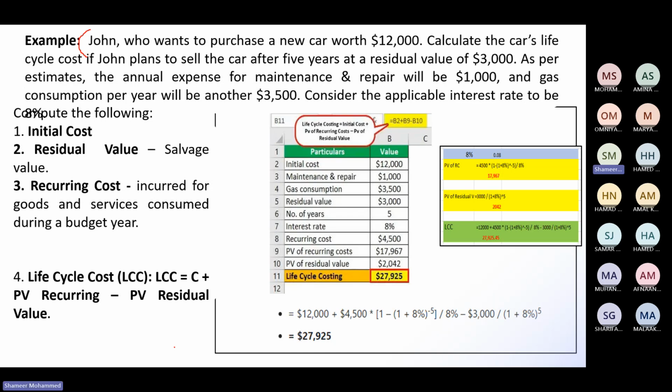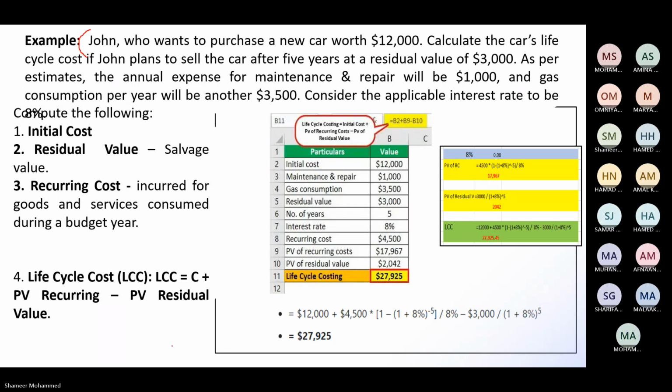You need to memorize this formula. Is this clear, students? This type of question will come in the exam.